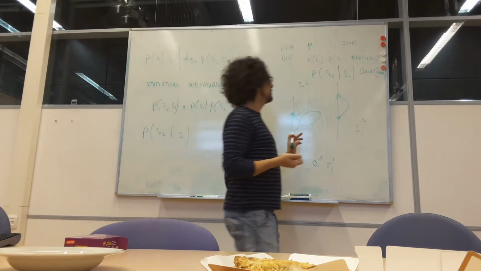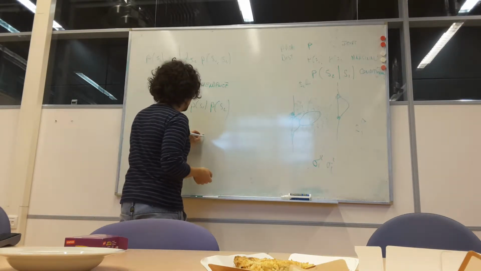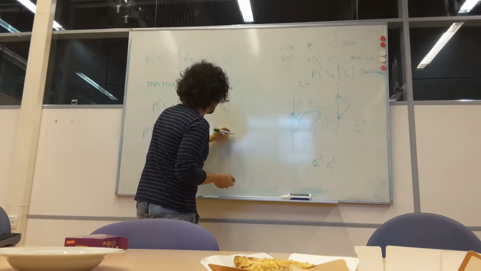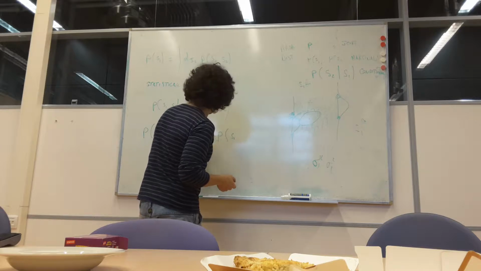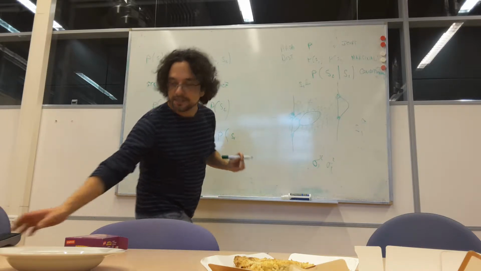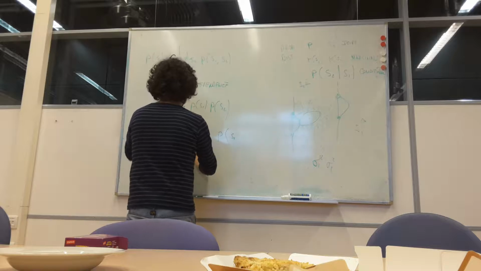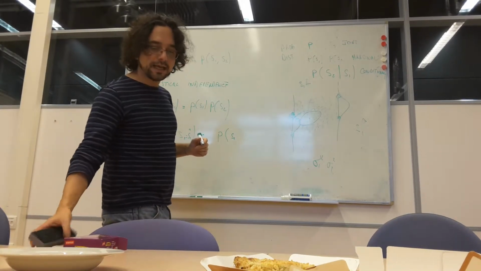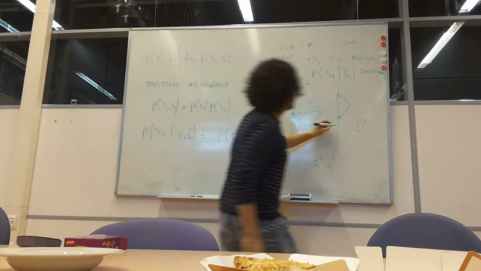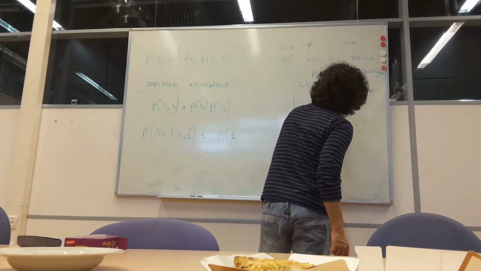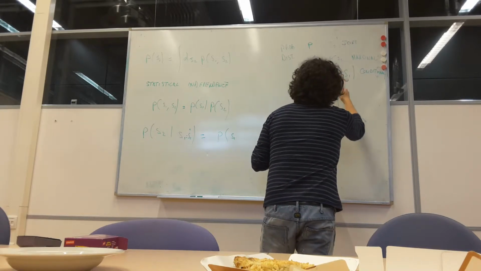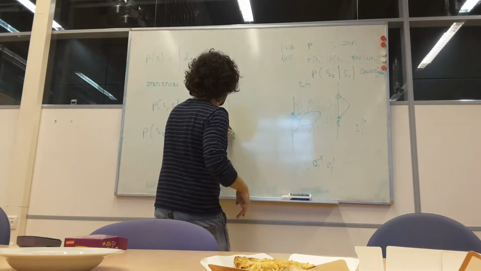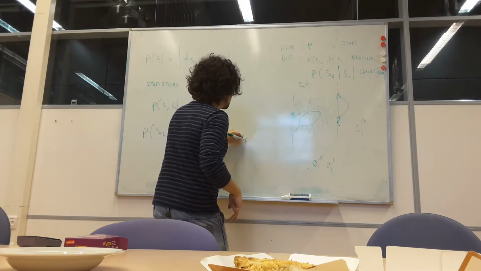What I have is the joint probability distribution calculated at a particular S1 level, let's say S1 equal to S1 hat. I'm just slicing through this, keeping S1 constant and following S2. And that's this thing.